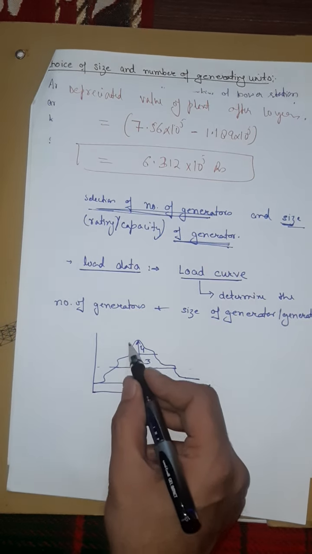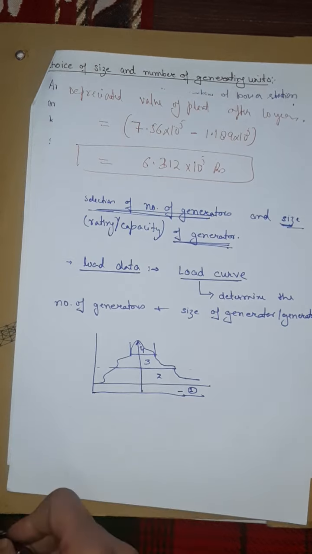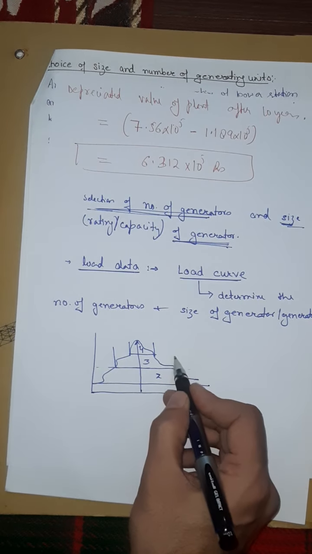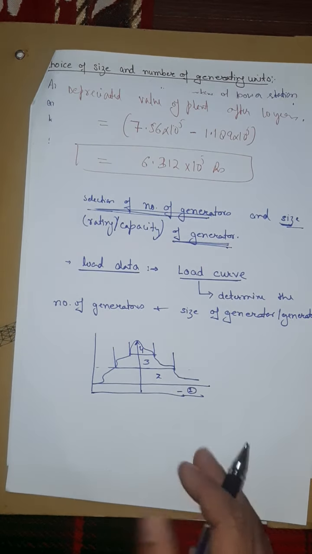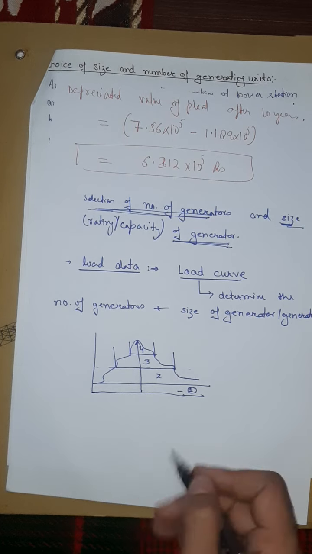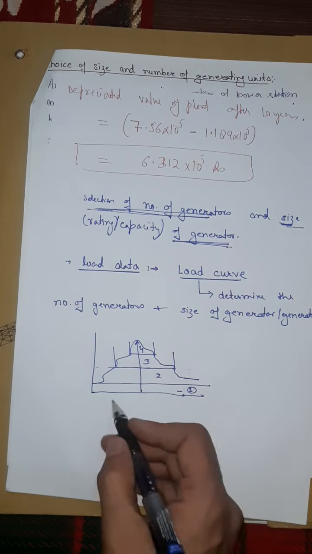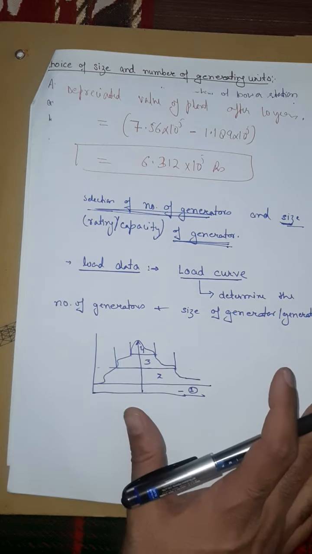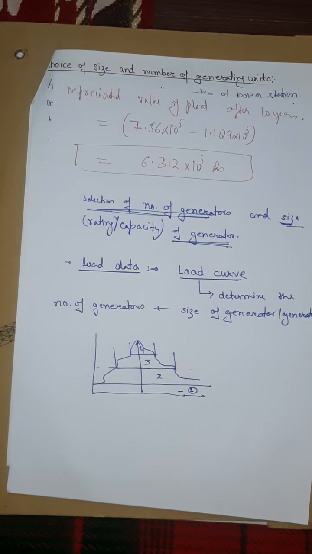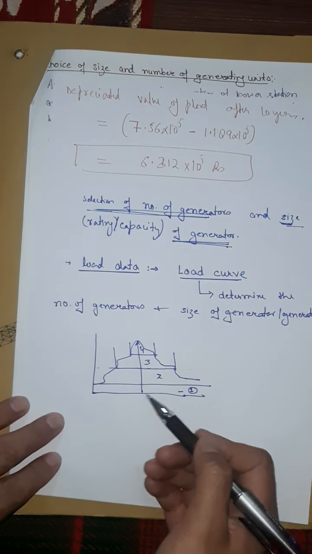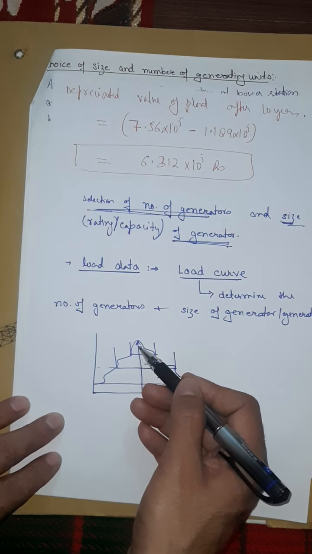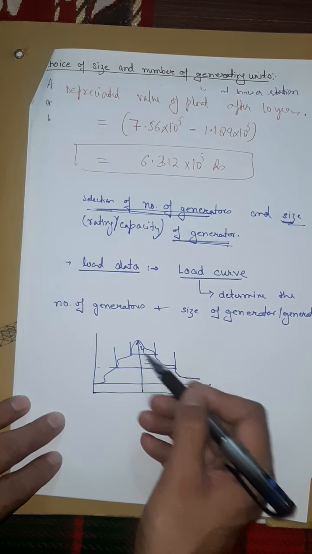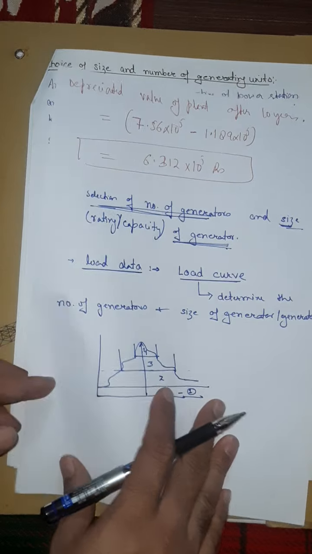We have to turn on generator number 4 for a very short duration of time. Generator number 3 is also kept on for some duration of time. Same is the case with generator number 2. However, generator number 1 is to be kept on all the time. So once you have the load curve, only then can you decide the number of generators and the size of the generators.